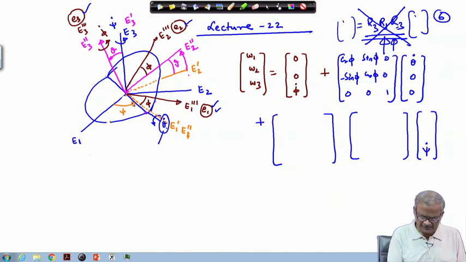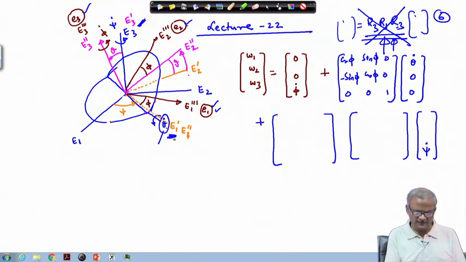How? If you look here, psi dot, E 1 prime is here, E 3 prime is here, and E 2 prime is here. These are perpendicular to each other. So in this axis system E 1 prime, E 2 prime and E 3 prime, this is forming a rectangular triad, perpendicular to each other.